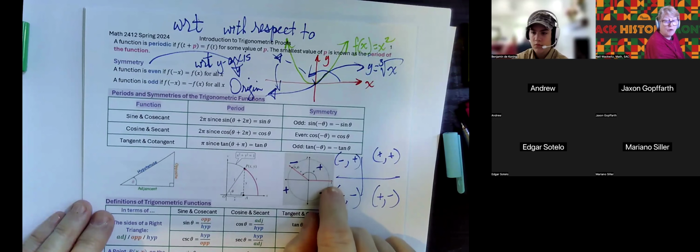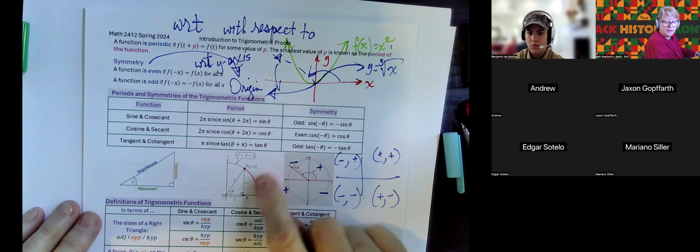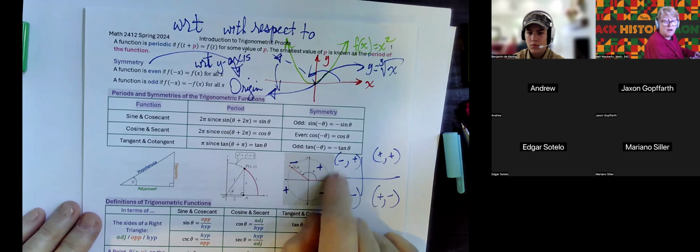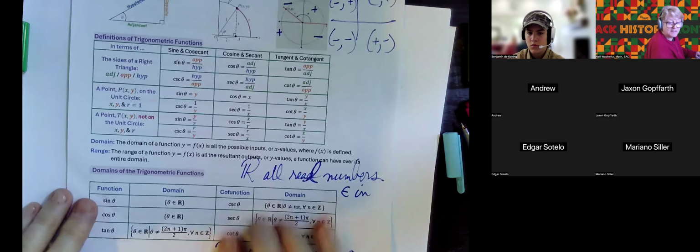So we're not going up or down at all. On the x-axis, we start at 0, and then pi, 2 pi, 3 pi, 4 pi. So every whole number of pi, we're on the x-axis.